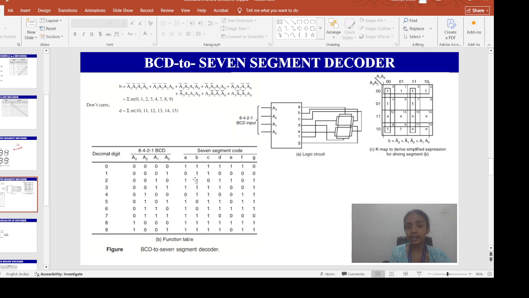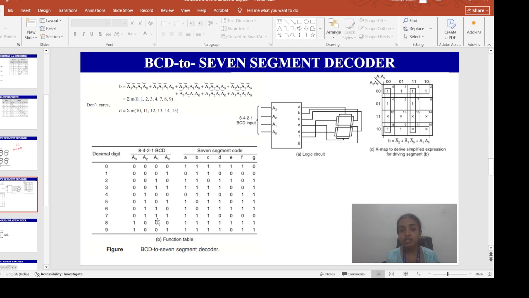Then for each of A, B, C, D, E, F and G, we have to make the Karnaugh map. Here only the K-map for the B segment is shown. B is 1 for which decimal numbers? B is 1 for 0 to 4 and again 7 to 9.